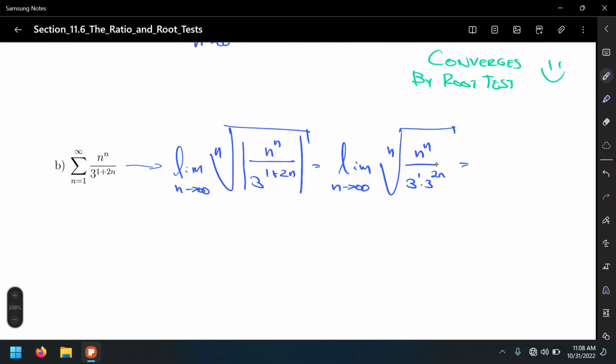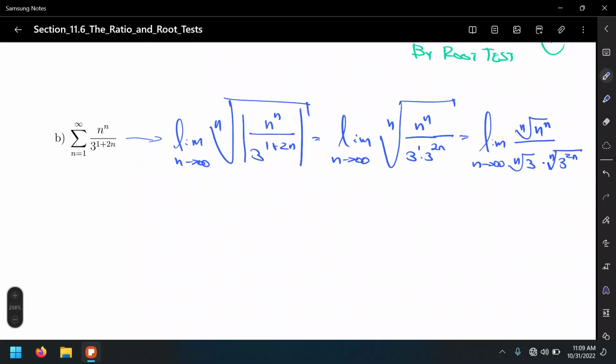All right. So that's limit nth root of n to the n over nth root of 3 and nth root of 3 to the 2n as n approaches infinity. That's n to the n power, by the way. And we may go about some cancellations, however, not yet. Let me have all terms ready to cancel this, alright?